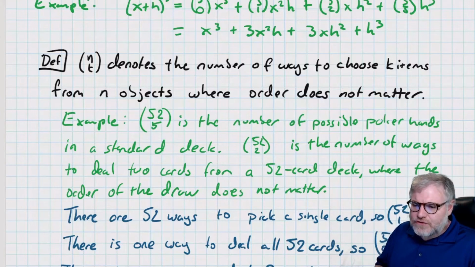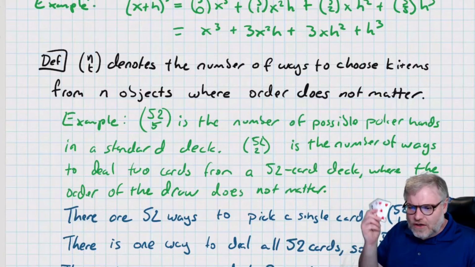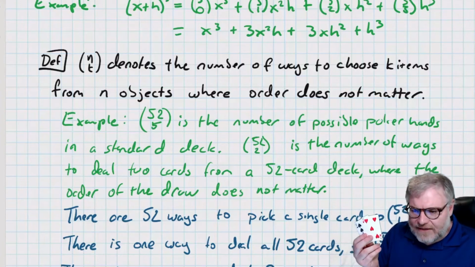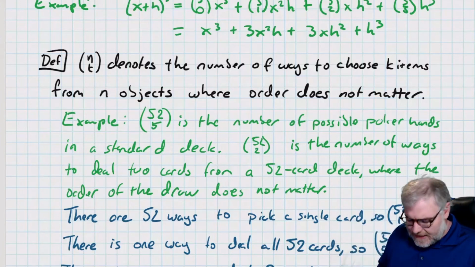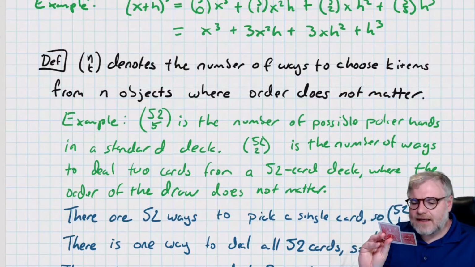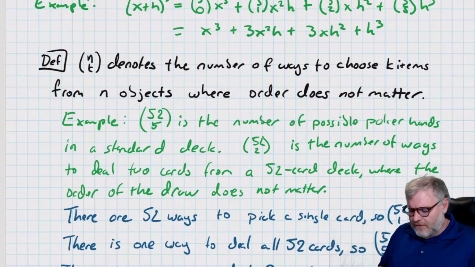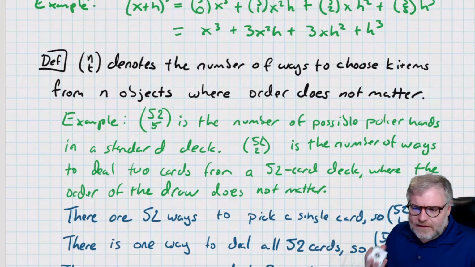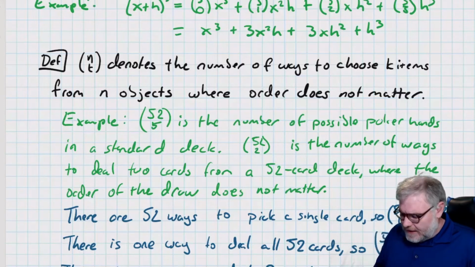Now, 52 choose 2 is the number of ways to get 2 cards from this deck. Okay, so I could have gotten the 5 of hearts and 9 of spades, like I did here. Or I could have gotten anything from this deck. Yeah, the 3 of spades and the 4 of hearts. So, again, order doesn't matter.